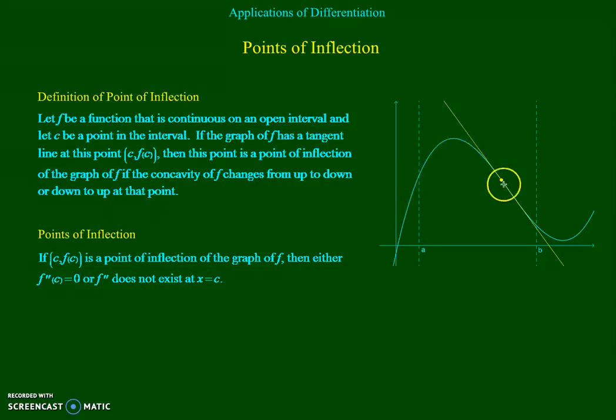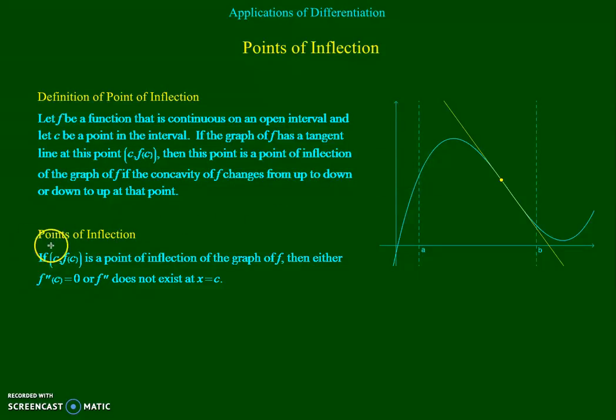So again, on our dynamic graph, we saw that at that point, the slope of the tangent line was changing from decreasing to increasing. Or you could have another point of inflection if the function is changing from increasing to decreasing.